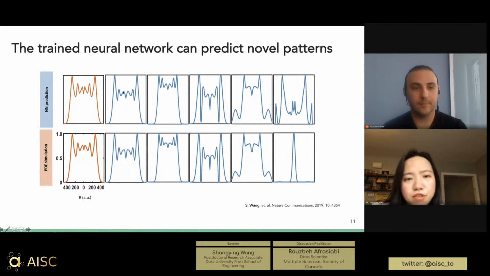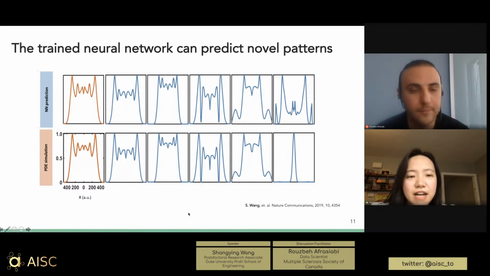If for each of the predictions we need to use PDE simulations to validate, that compromises our proposal of making it faster by using neural networks.